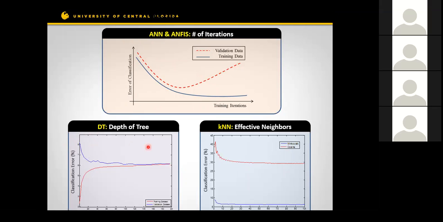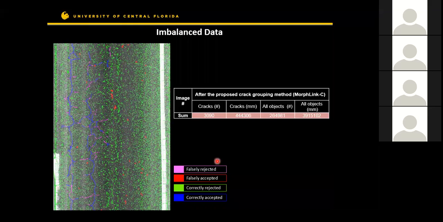For KNN, it's the number of effective neighbors. We considered all these, and there is a comprehensive description about them in the paper. But I just want to say that we did a parametric study and tried to come up with the best parameters for this analysis.